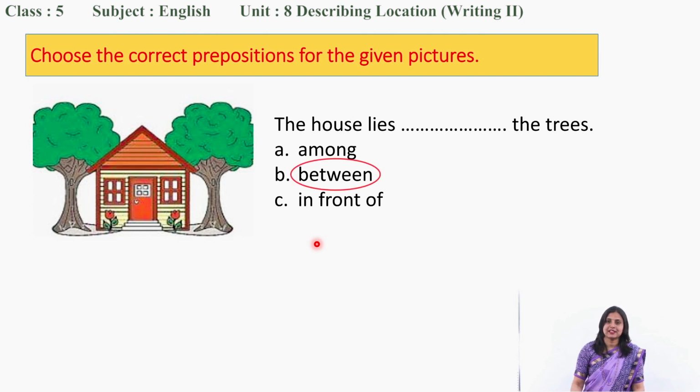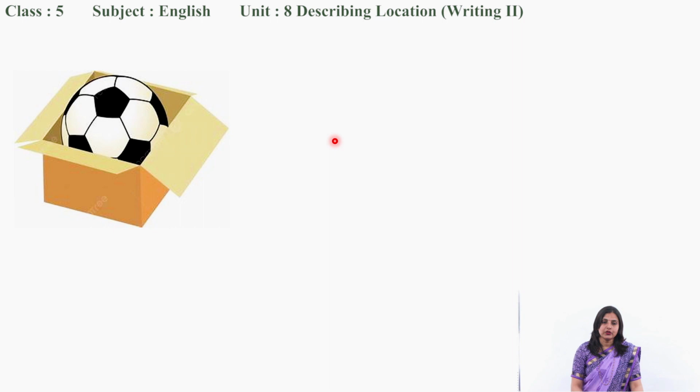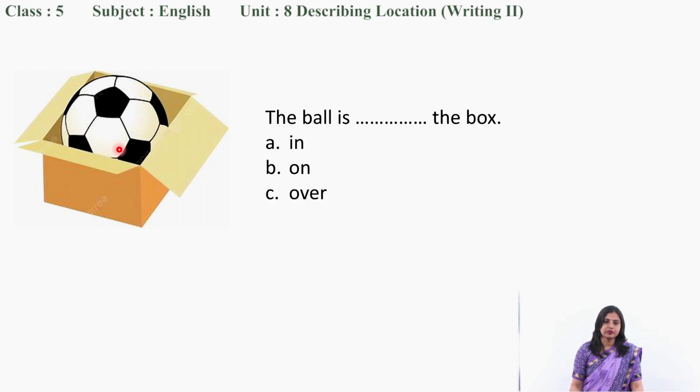Good, yes. It's between the trees. When any object is placed in the middle of two things, what should we use? Yes, between. Okay, that's very smart. Okay. Now there is a ball. You see? So tell me, the ball is in the box, on the box, or over the box?